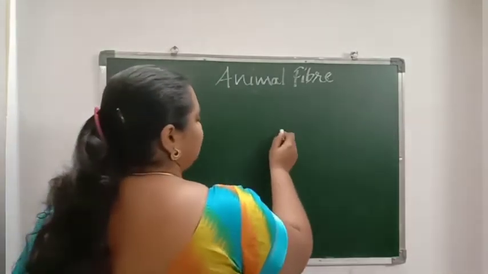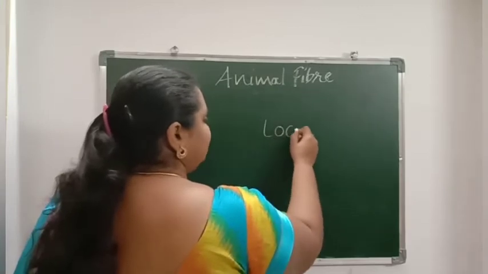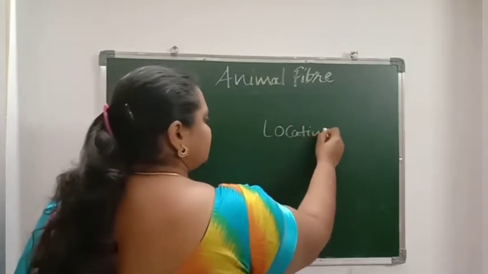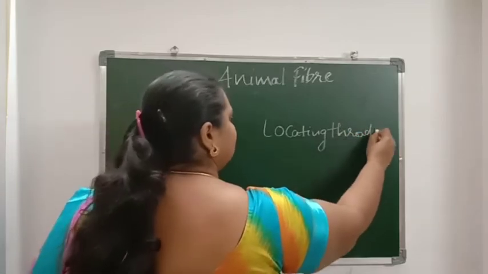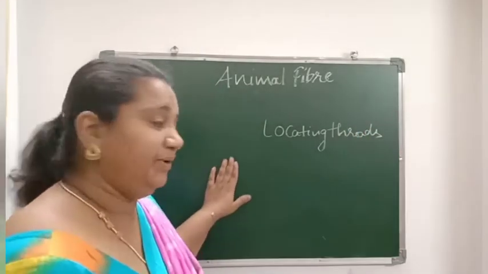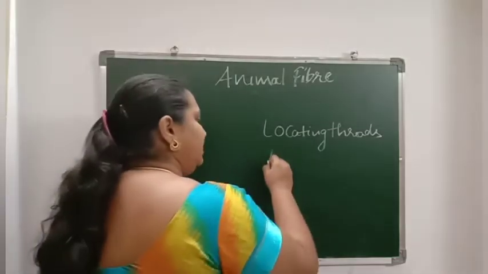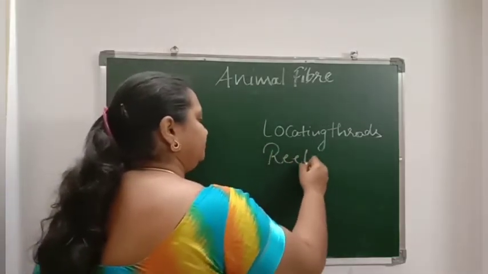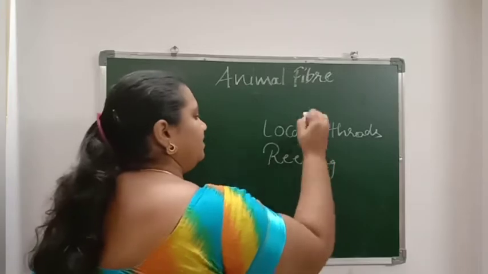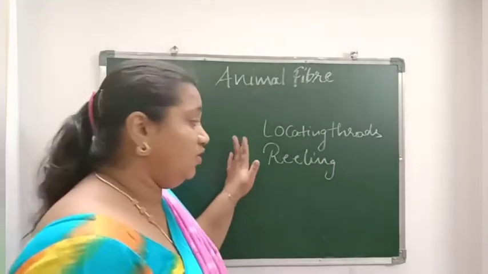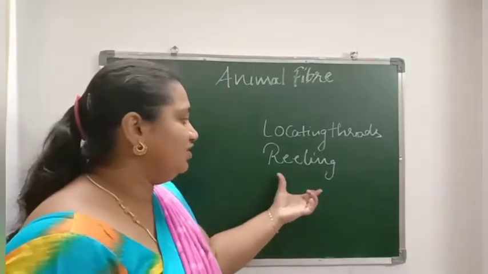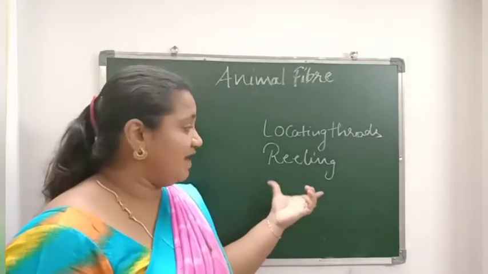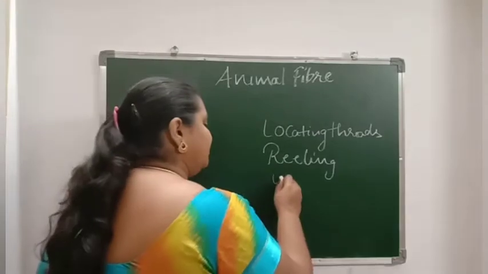The first process is locating threads. Next is reeling. After reeling, you will get only fiber, and the fiber turns to yarn.